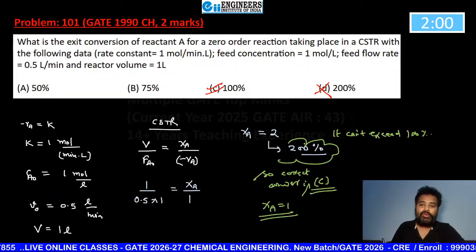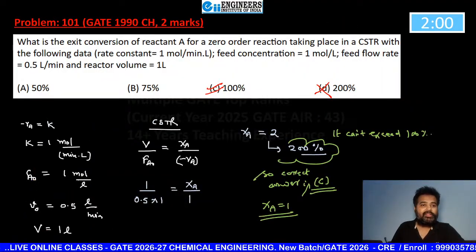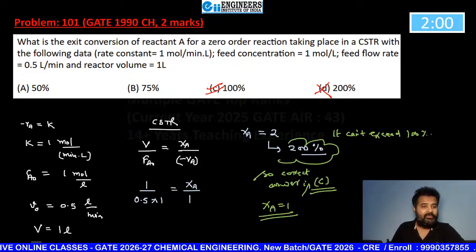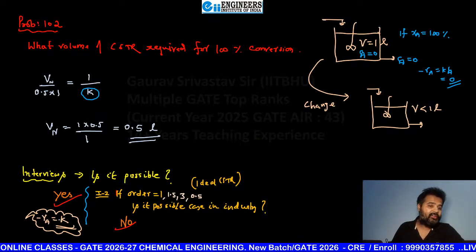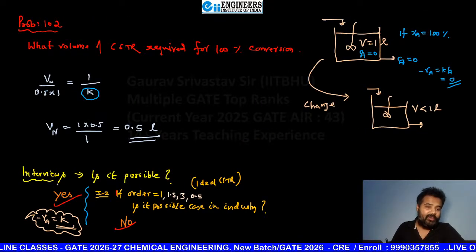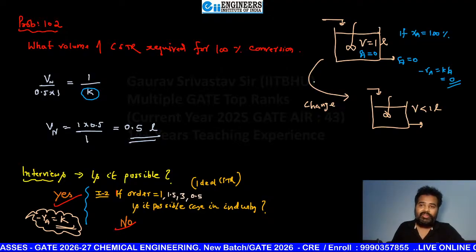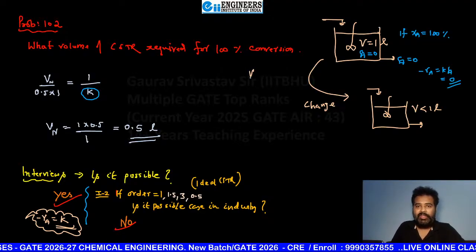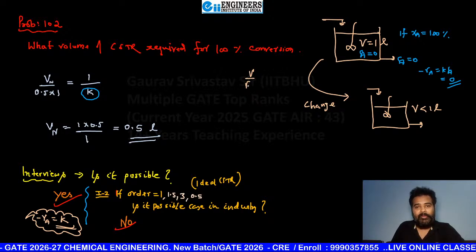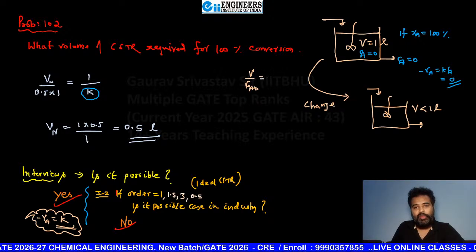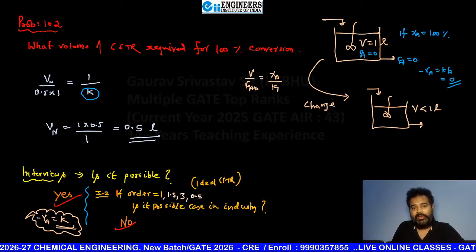That's why here you are getting it just by using that reactor volume 0.5 meter cube. It's not required to be infinite in this case. It comes to finite because the reaction order is 0. But my dear students, if this is the case, then V by F_A0 is equal to X_A upon kC_A.